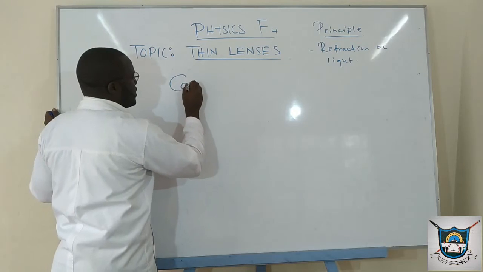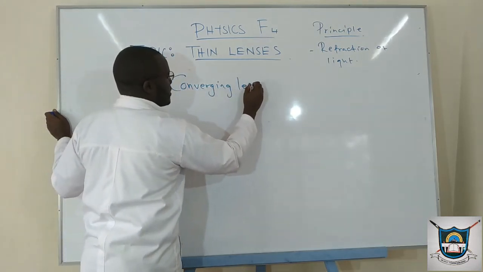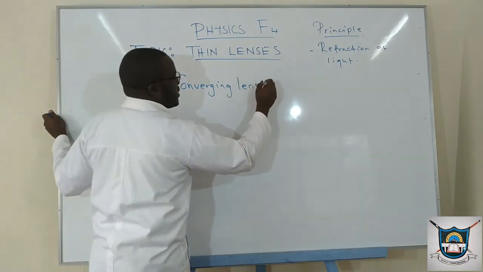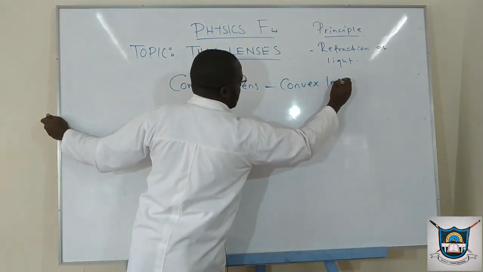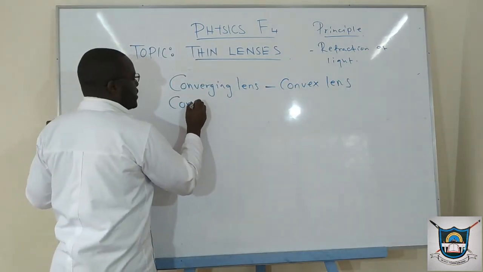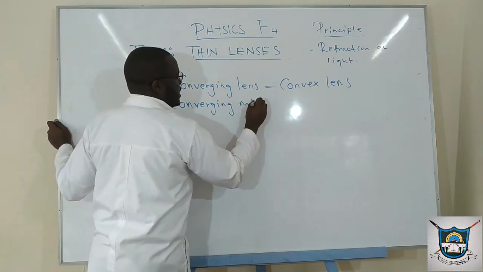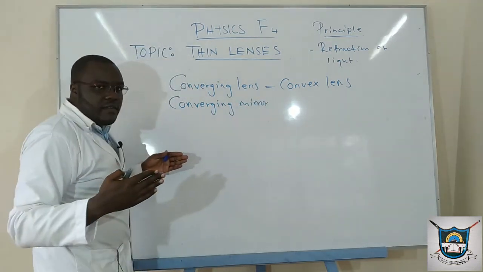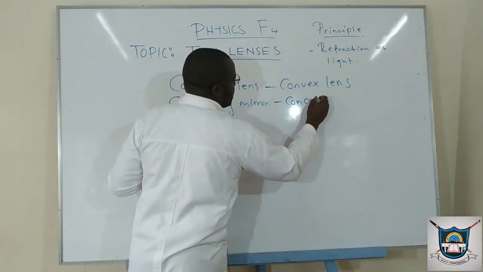A converging lens under this topic is a convex lens. But in Form 2, a converging mirror, a mirror that is able to converge light, is called a concave mirror.